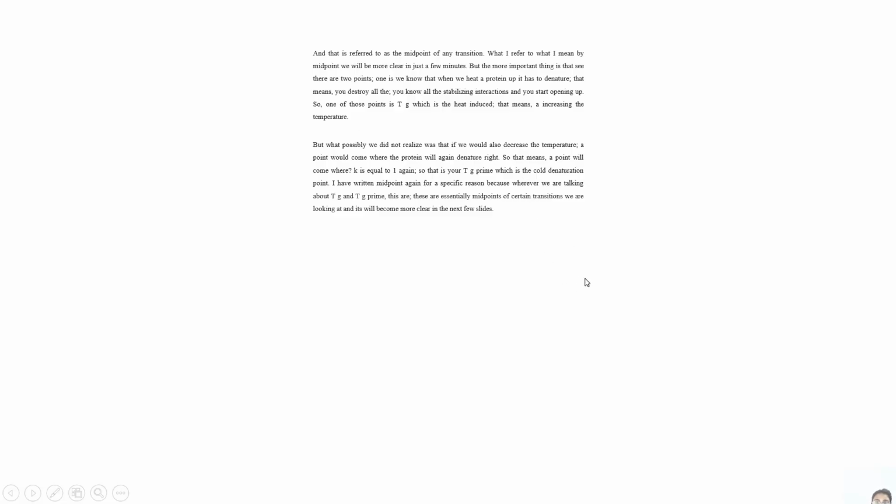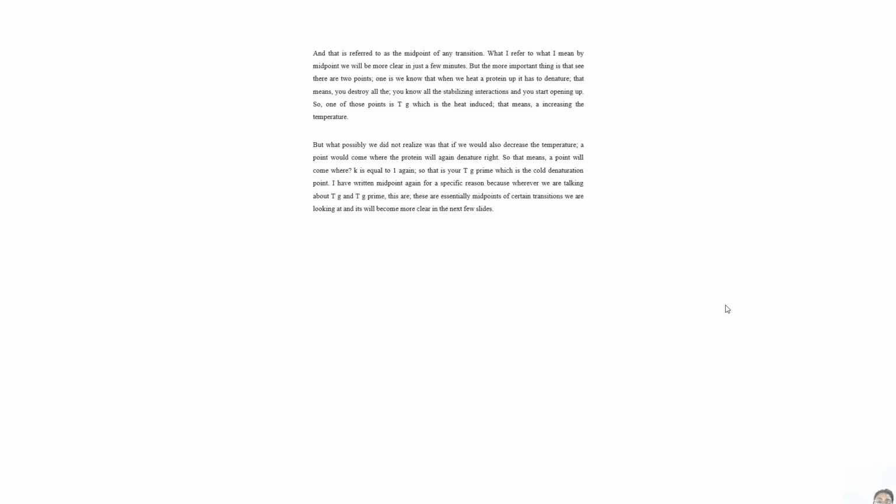What I mean by midpoint will be more clear in just a few minutes. But the more important thing is that we see 2 points. One is we know that when you heat up a protein, it denatures. That means you destroy all the stabilizing interactions and you start opening up. So one of those points is Tg, which is the heat induced denaturation.